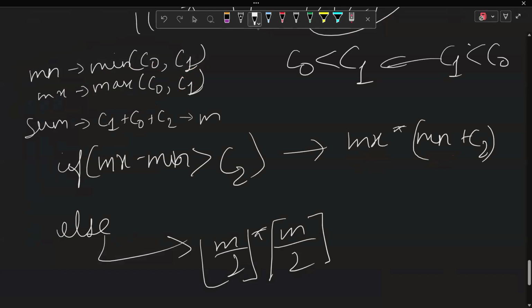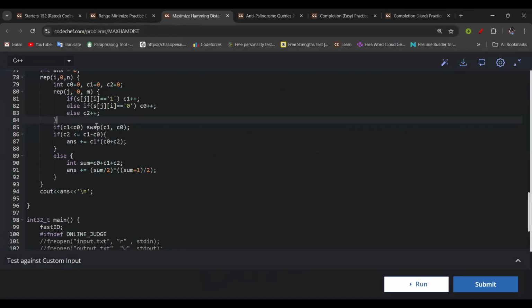So C0 becomes always less than C1. C0 would denote my minimum, C1 would denote my maximum. That's what I'm doing in my code.